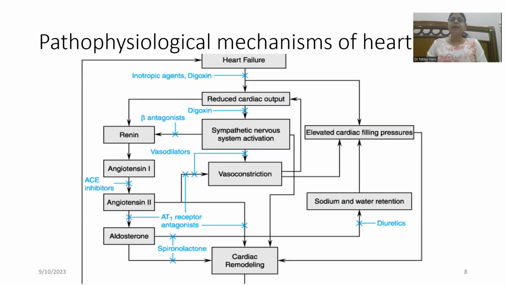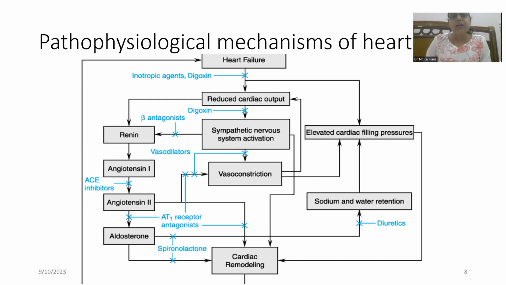This is again the same thing, the pathophysiological mechanisms of the heart, that is heart failure. It is the reduced cardiac output. Reduced cardiac output can lead to increased release of renin and stimulation of the sympathetic nervous system. When the sympathetic nervous system is stimulated, that can lead to vasoconstriction.